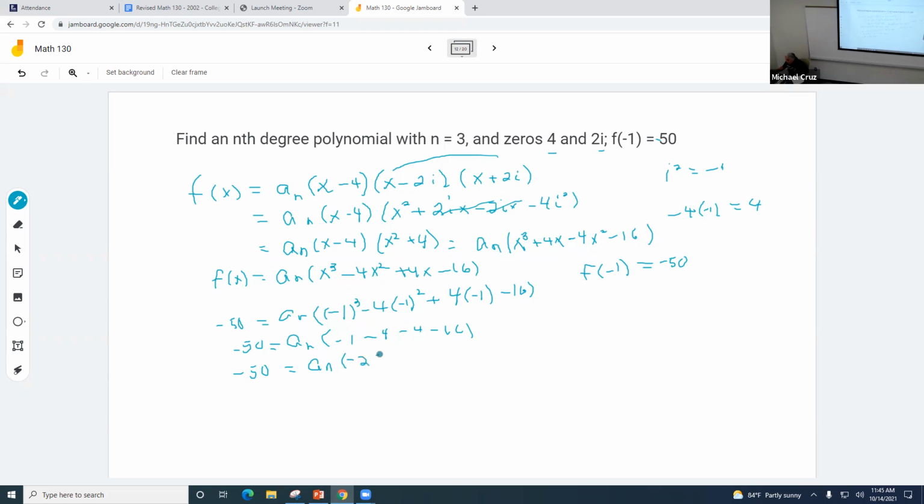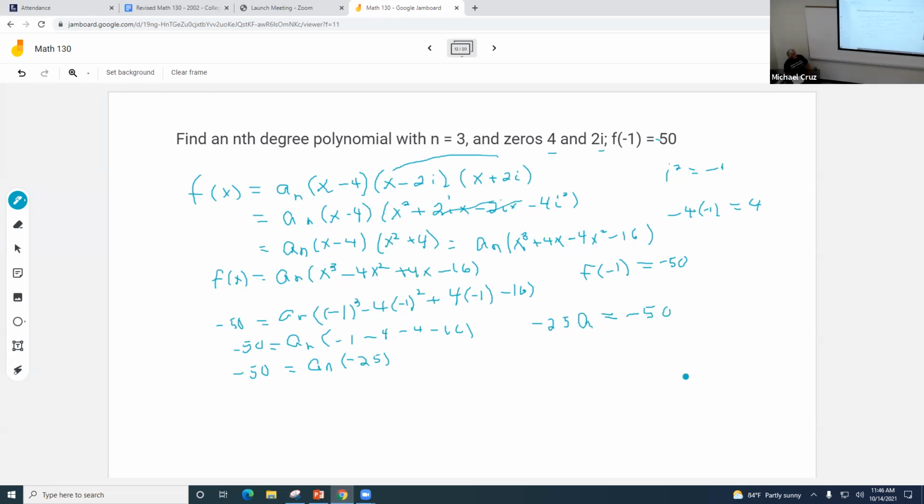All right, so I want to write it over here where it looks more like an equation. So -25 a_n. I'm just straightening it out, like how you would see in a regular equation, left to right.